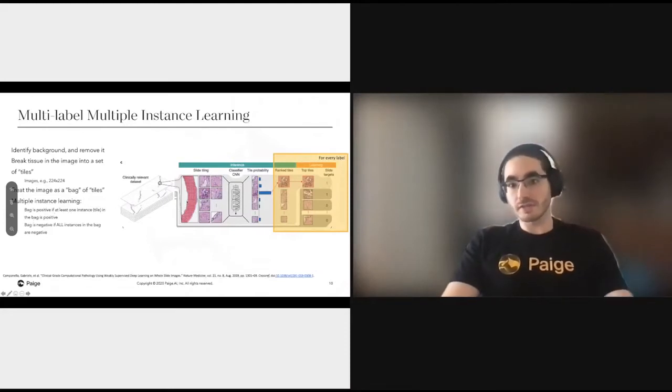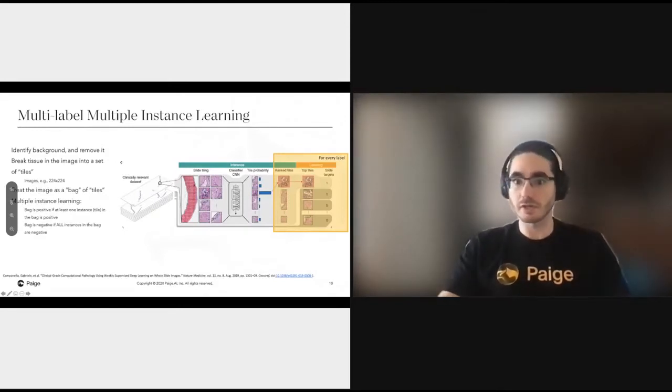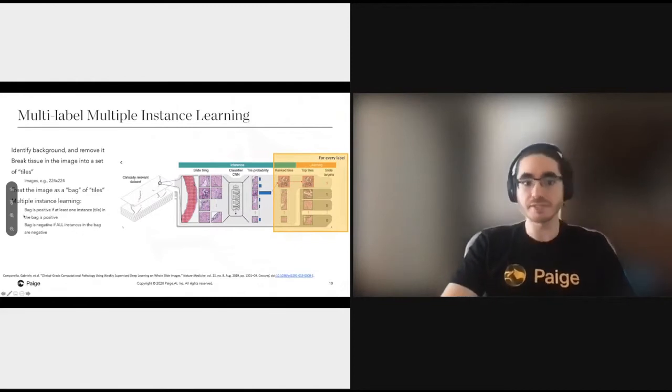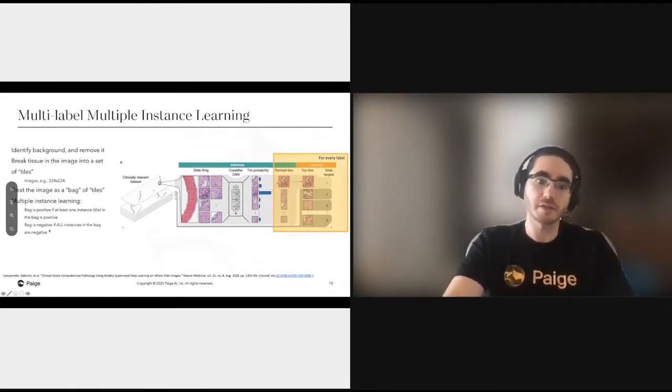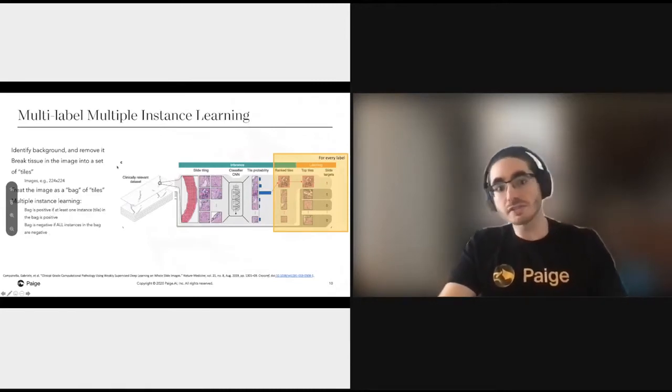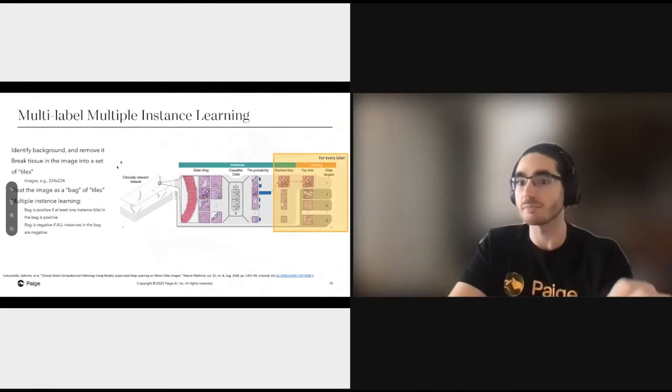So given that whole large image, even if there's a small bit of cancer in there, we are going to treat the whole slide as cancer. And if there is simply no cancer, then it will be benign. This method works perfectly for needle-in-a-haystack kinds of problems.